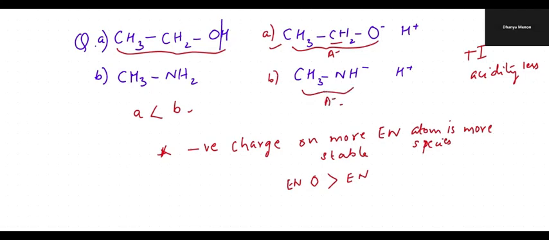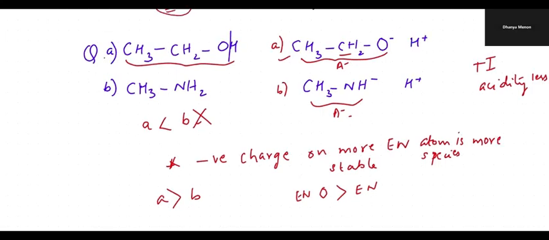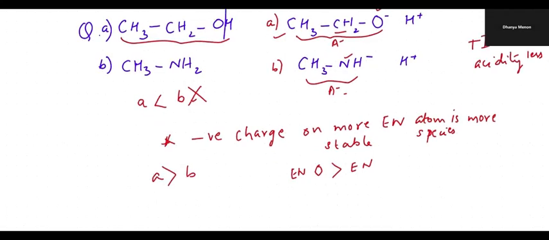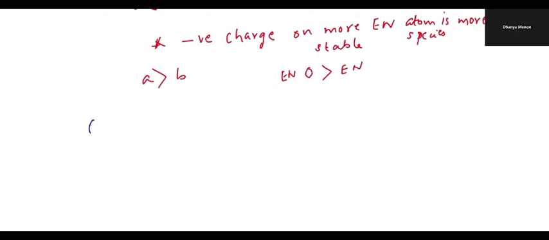So definitely this is wrong. A is more stable than B. So negative charge on a more electronegative atom is more stable. When do we look at this? When the negative charge is on two different atoms. Here, two different atoms, so definitely we check the electronegativity. I hope I'm clear. Okay. Coming to the next question. CH, we have to check the electronegativity of acetylene.